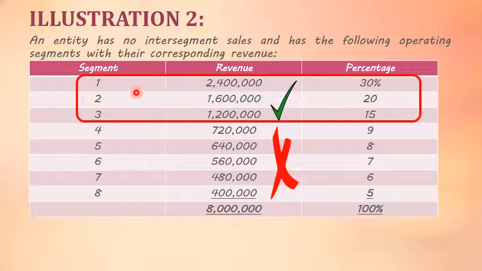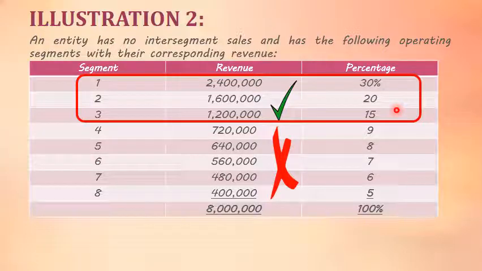So, ang pasok lang sa segments 1, 2, and 3 na merong total of 65%. Okay, 30 plus 20 and 15 is 65%. Ano ang threshold natin? 75% daw ng entity's external revenue. So, meron pa tayong natitirang 10%. At least 75%. So, okay, kahit lumampas maging 76 or whatever. Okay. Basta at least 75% ng entity's external revenue.